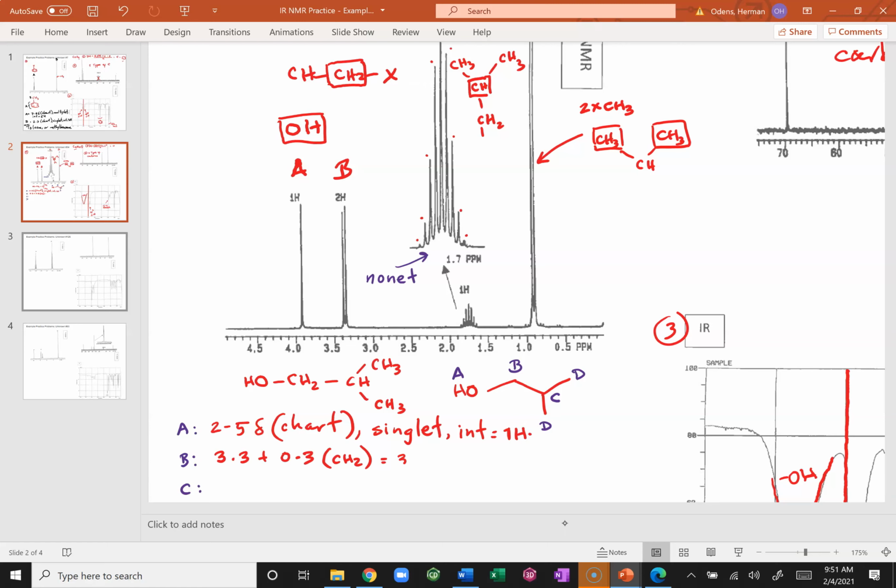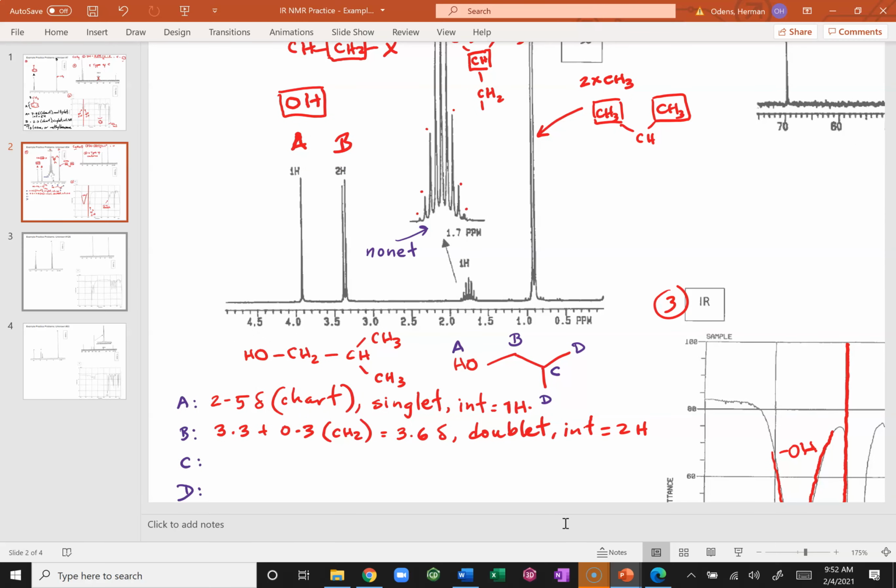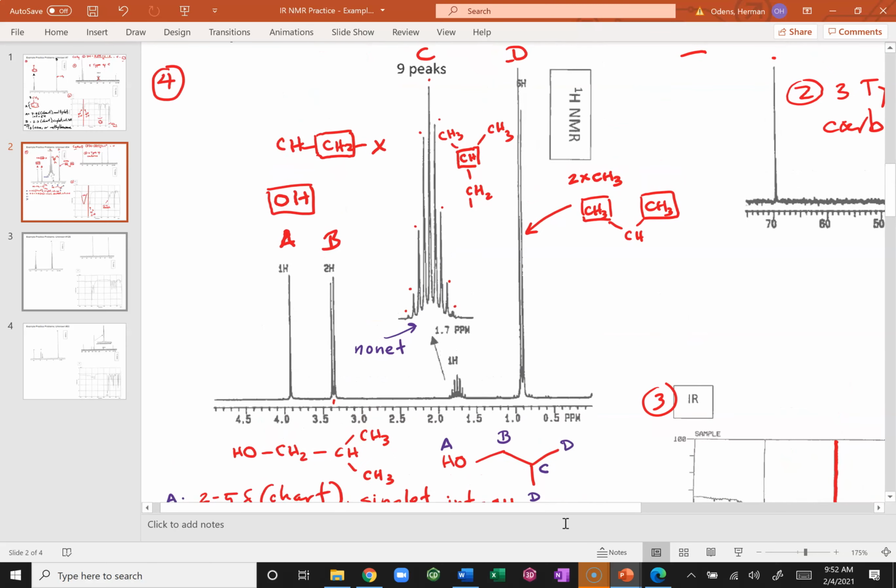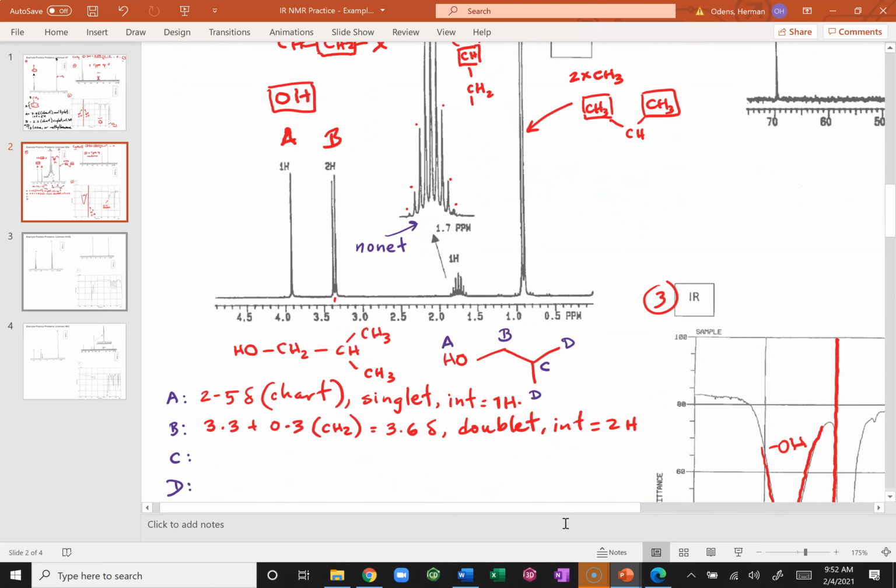That's equal to 3.6 ppm. It's a doublet that integrates for 2 hydrogens. That's a CH2. All right, check it out here. So here the signal is roughly 3.4, so that's good. We're close. Plus or minus 0.5 in this case. So we're within range.